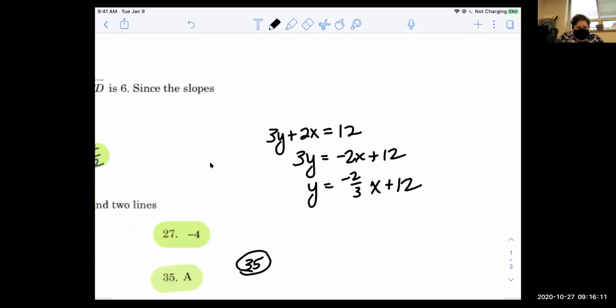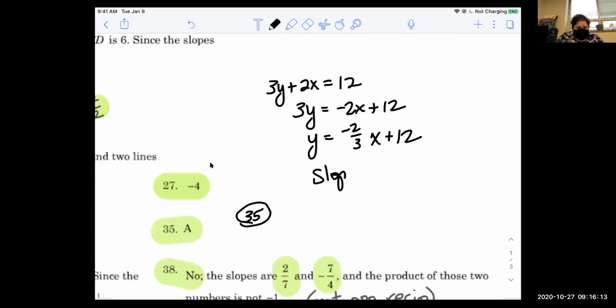So you need to find one where the slope is positive 3 halves. So just kind of look at those and see which one's going to work out. You can tell right away, B and D, you can see those slopes easily. So just maybe A and C, check which one is going to give you a slope of 3 halves because you want perpendicular.